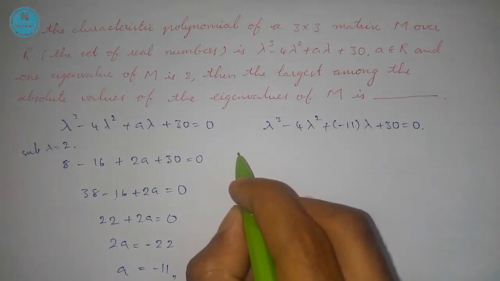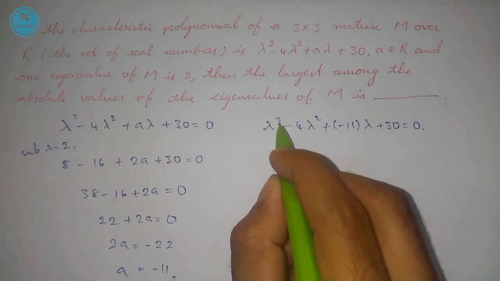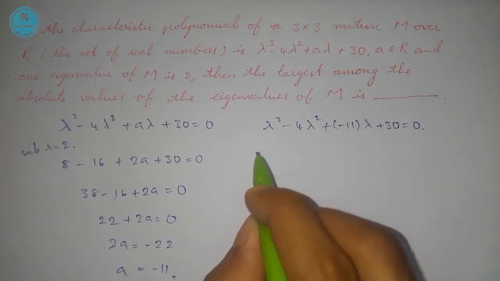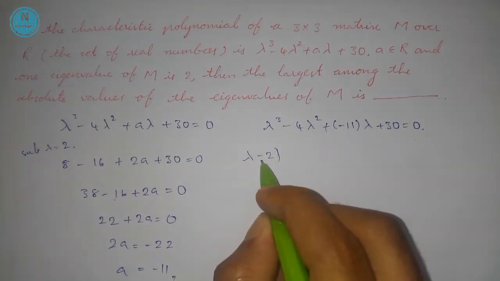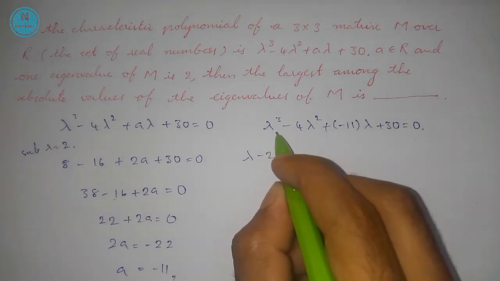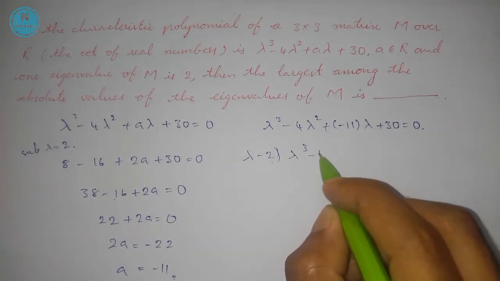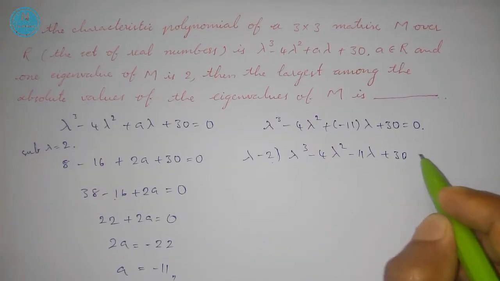So we need to get the other equation from this, by simplifying it, dividing with lambda minus 2, since lambda minus 2 is one of the roots of this equation.